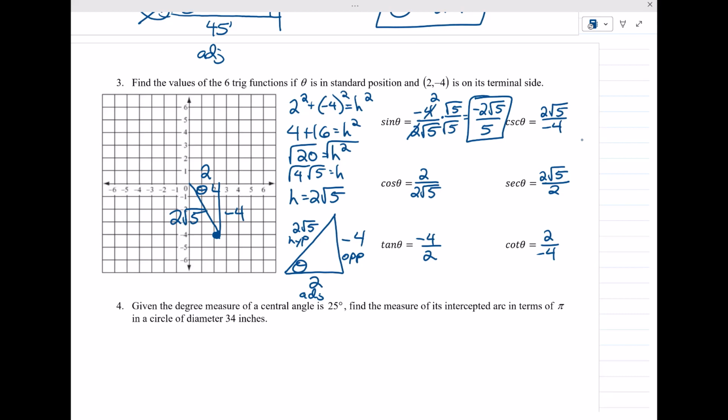For cosine, I know that this 2 cancels out with this 2, and we just get 1 over √5, which you want to multiply by the radical to just get √5 over 5.